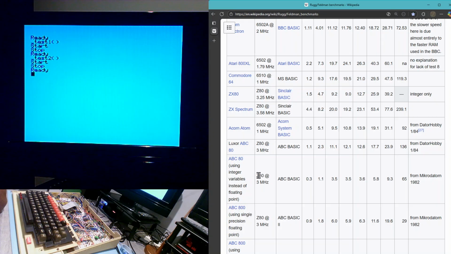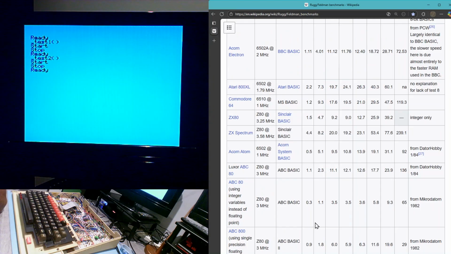And this is the integer version as well, so it's like for like in terms of not using any floating point. But even the floating point version down here, you can see that using single precision is very, very quick compared to nearly every other basic. I think only BBC Basic comes close to it.